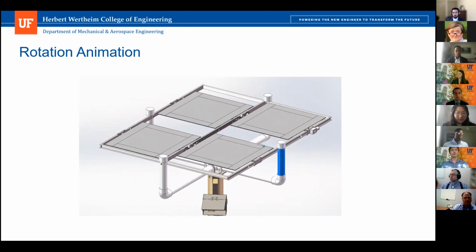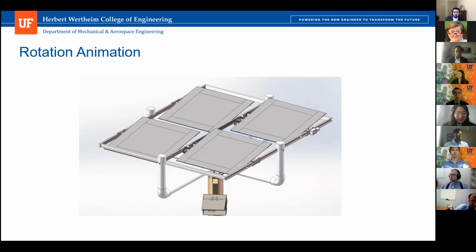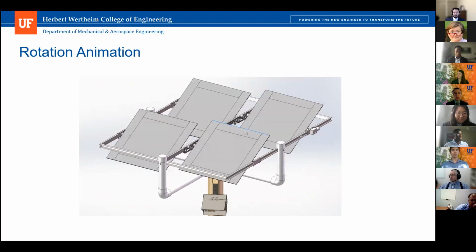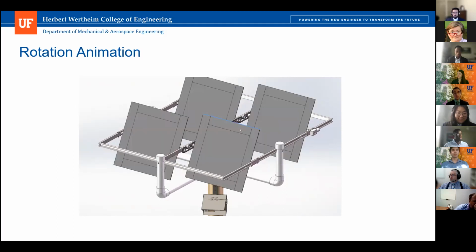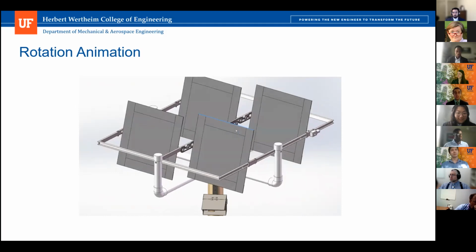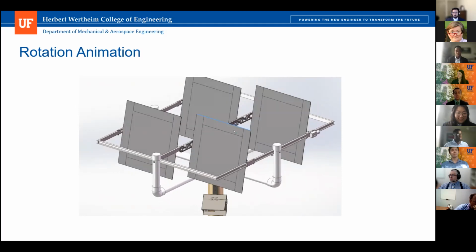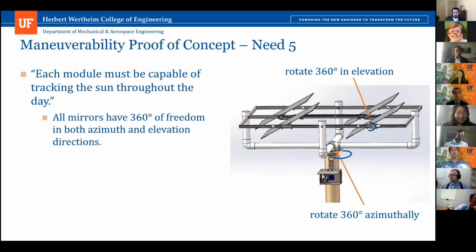And then also for our elevation rotation, you can see that each mirror is able to simultaneously rotate 360 degrees as well, with clearance on every side. So just verifying the customer need is met. Again, you can see that rotation 360 degrees is possible in both axes.